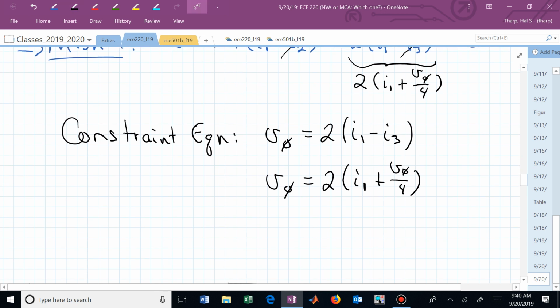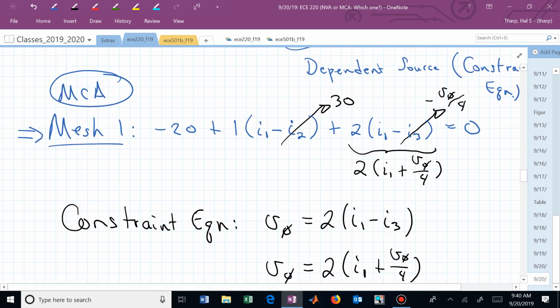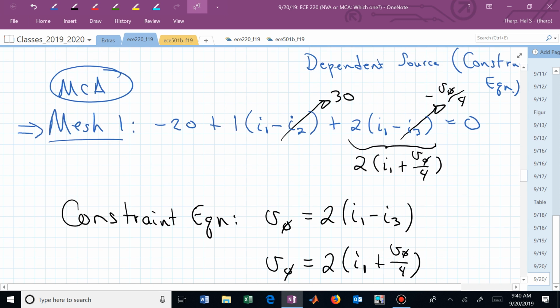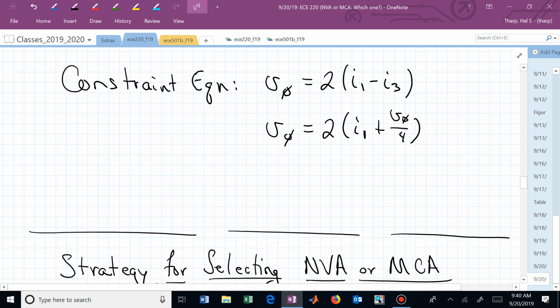And this now gives us one equation in two variables. We can solve for I sub 1, our mesh current, but actually we want to eliminate V sub phi in this equation so that we can solve for I sub 1. So, yes, we're going to distribute the 2. And now we can solve that for V sub phi.